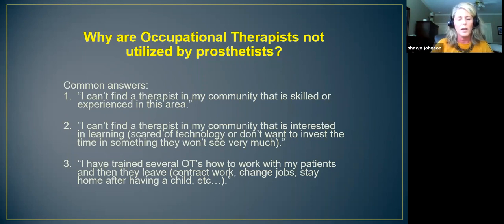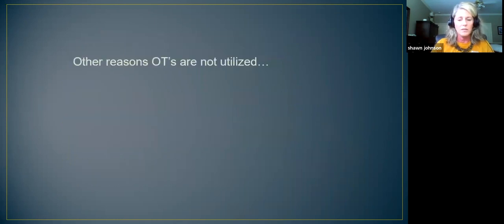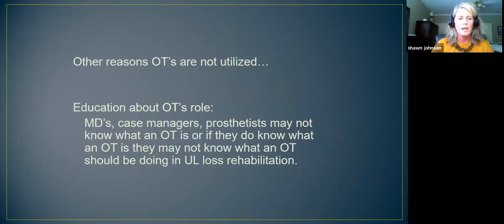And I can speak from my OT school. I had a chapter in a textbook, and I had maybe one question on one test. So I did not get much in school in the way of occupational therapy and working with upper limb loss. So most of it is on the job training. And so other reasons OTs are not utilized that I've come across is just knowing what the OT's role is and what they should be doing.